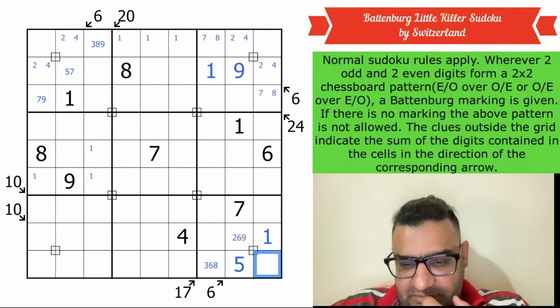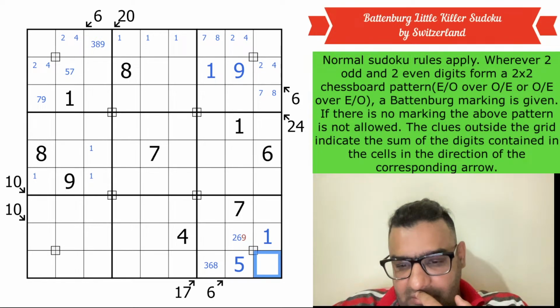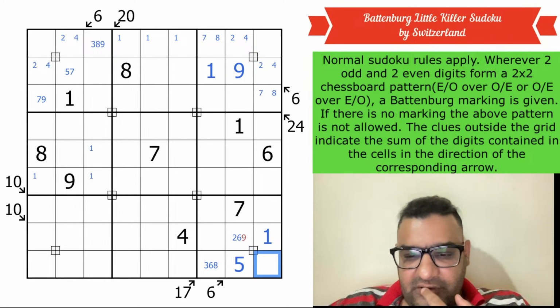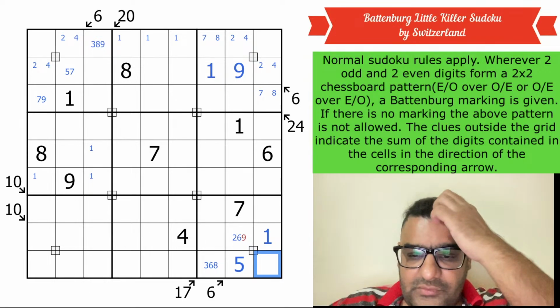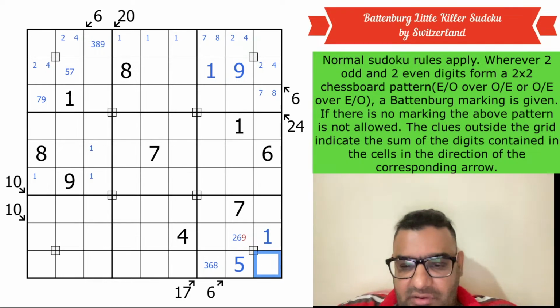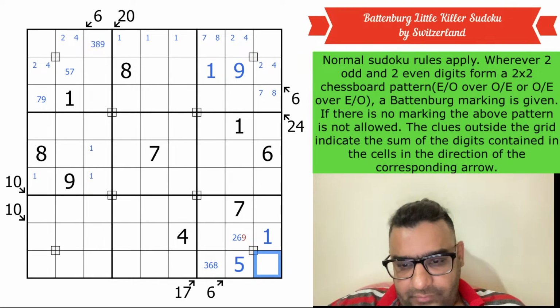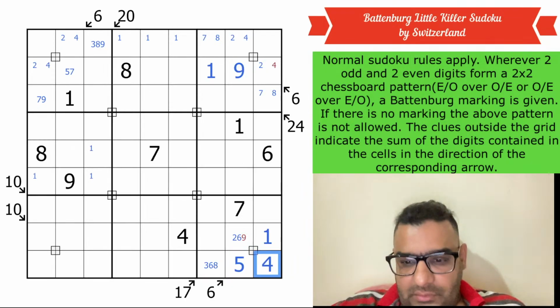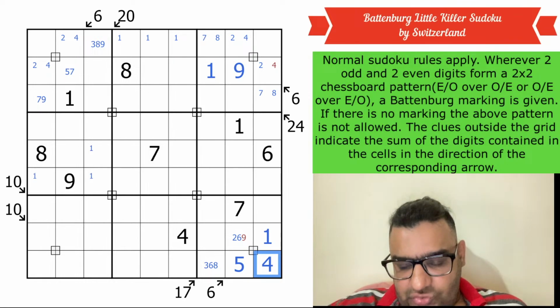Let's suppose the number is 2, 6, and 9. Then I have to put 2 or 6 here. Or if the number is 3, 6, and 8, then I have to put 6 here. At least one of the other numbers is going to be here. That would be even. If that would be 4, then this could be 2. Should I put 4 here? Yes. So it means it is 2.